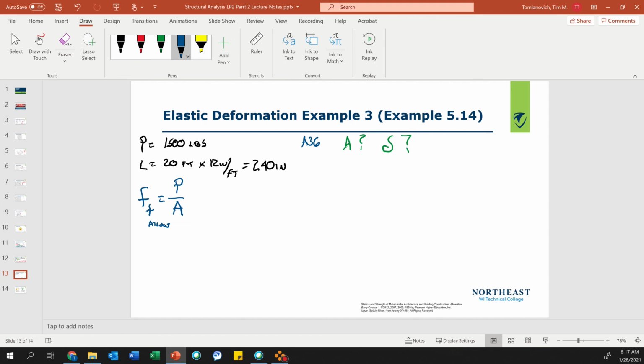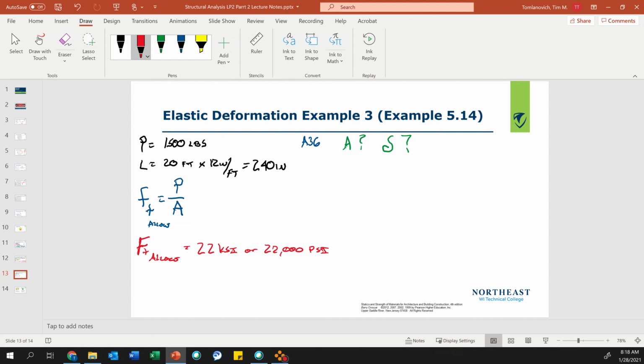So we know by looking at table 5.2, FT, I'm going to turn that into a capital F because that's a design value. Allow, I like to put allow, that's telling me that I'm looking at design tables, equals 22 KSI or 22,000 PSI. There's 1,000 pounds per kip, so I just add 3 zeros. Okay.